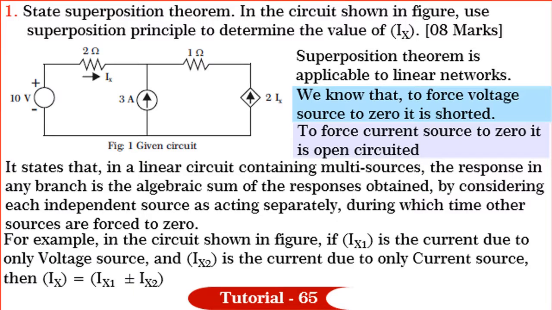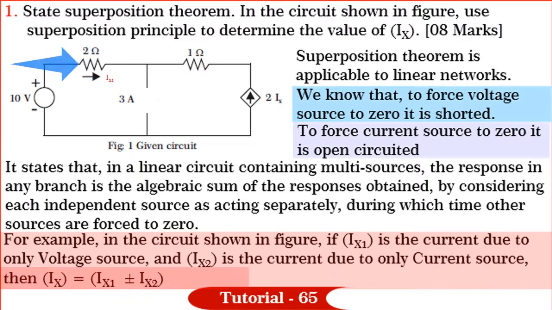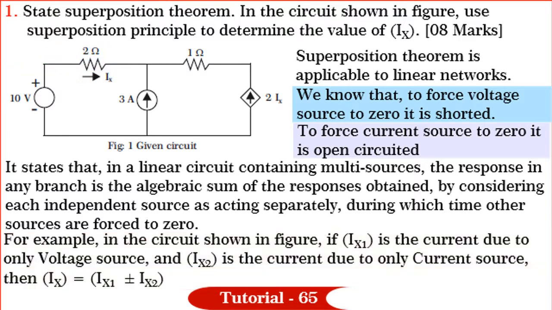For example, in the circuit shown in figure, if Ix1 is the current due to only voltage source and Ix2 is the current due to only current source, then Ix is equal to Ix1 plus or minus Ix2 depending on the direction of currents we obtain.